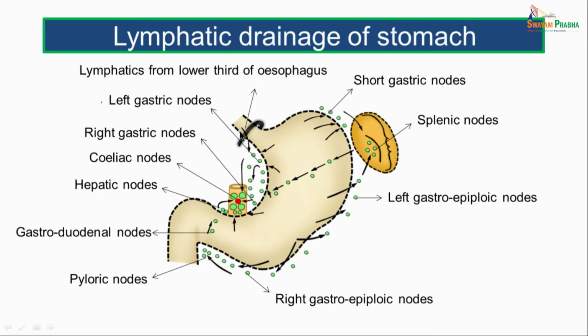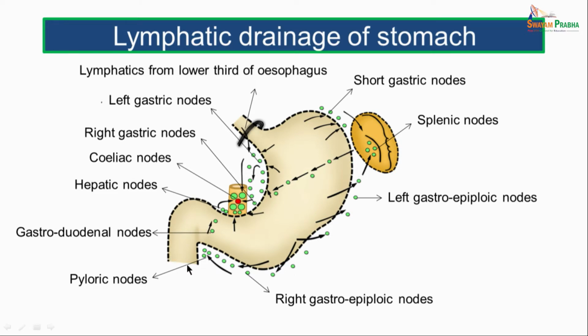It is important to note here that the lymphatics of the lower part of the esophagus drain into the left gastric nodes. That means the lymphatics of the esophagus drain along with some lymphatics that drain the stomach. This does not occur at the inferior end of the stomach.